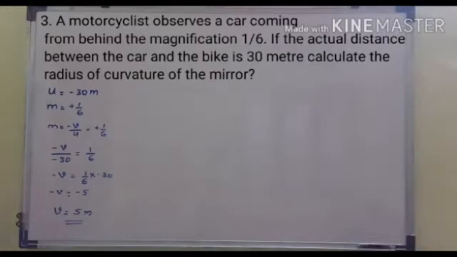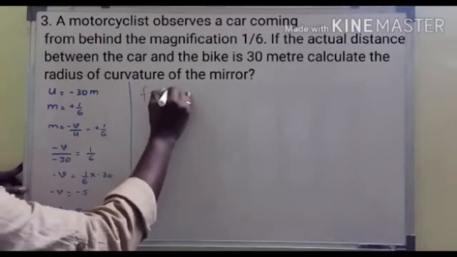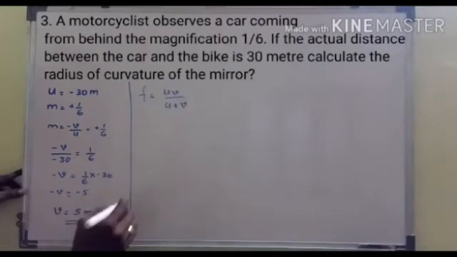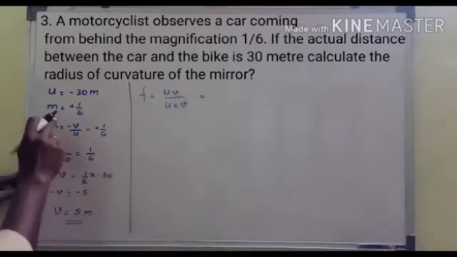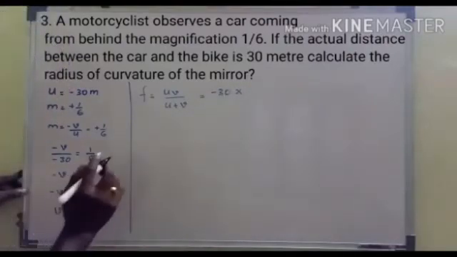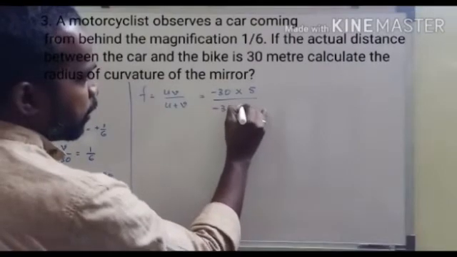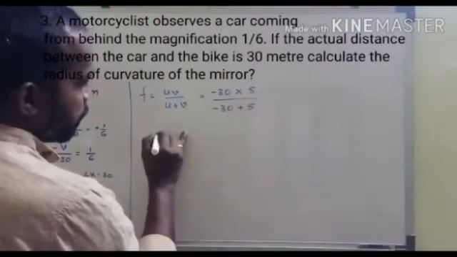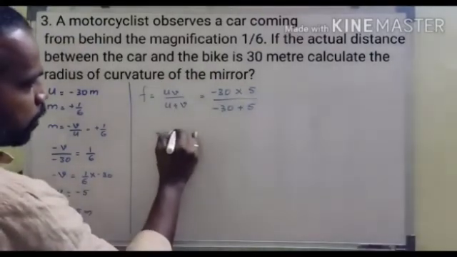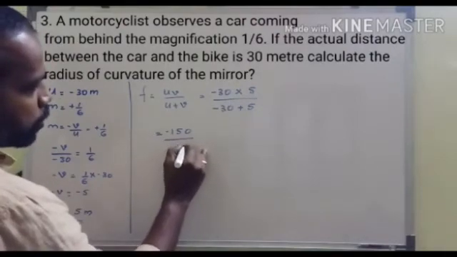Similarly, to find the focal length, we will use the mirror equation. f is equal to uv by u plus v, which is equal to minus 30 into 5 by minus 30 plus 5, which is minus 150 by minus 25.